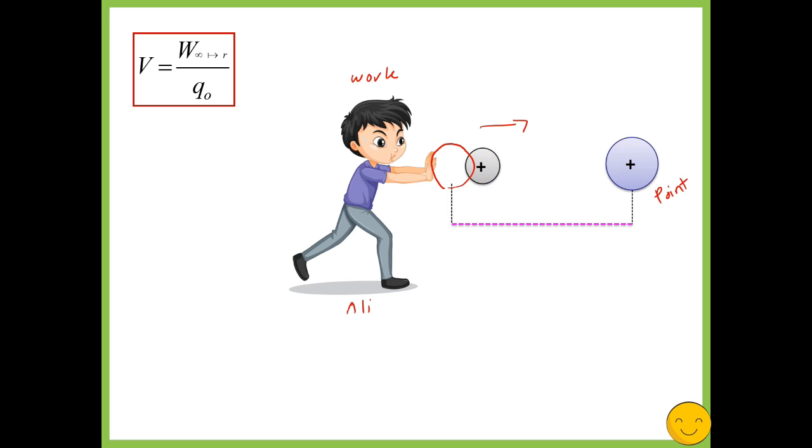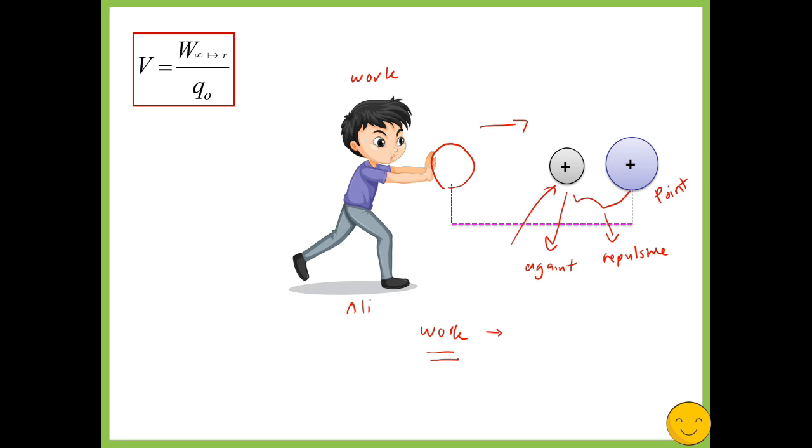When the test charge is moving to the point charge, it is moving against the repulsive force between these two charges. So when Ali is doing work, he is actually working against electric potential energy.